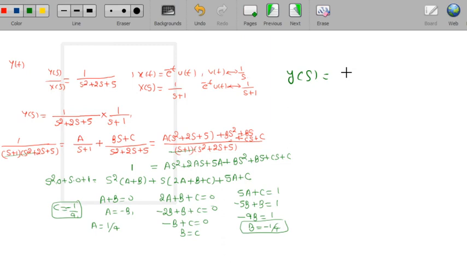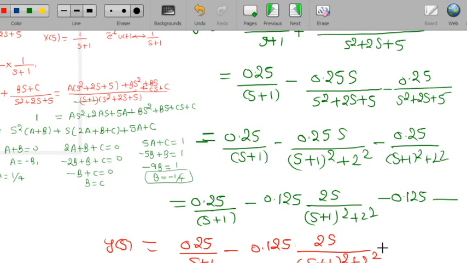Now this equation becomes, friends, y of s equal to 0.25 upon s plus 1, minus 0.125 times 2s upon s plus 1 whole square plus 2 square, and minus 0.125 times 2 upon s plus 1 whole square plus 2 square.